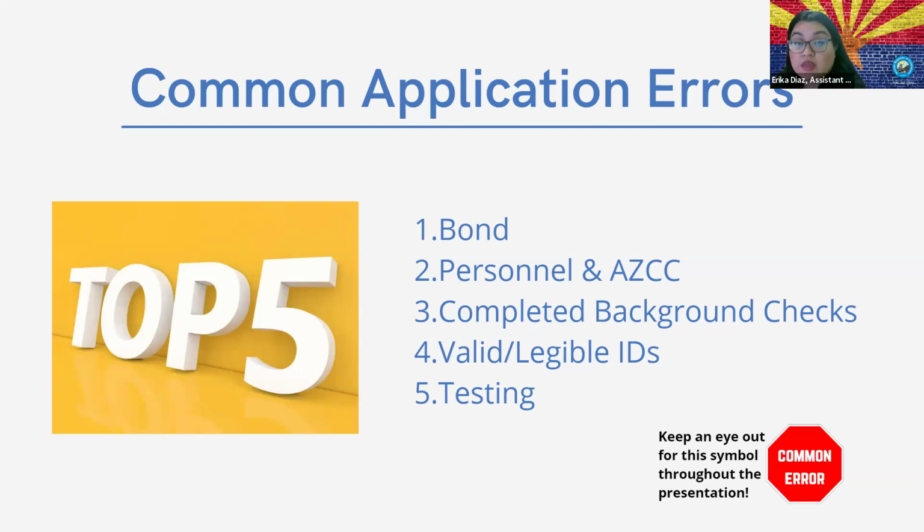So number 1 would be the bond that is required for a license. 2 would be personnel or Arizona Corporation Commission. 3 would be completed background checks for personnel. 4, valid and legible IDs. And 5 would be testing. We'll deep dive into each of these items along the presentation, but just keep a note when you see these items to pay close attention to it, just so we can ensure that we reduce the amount of deficiencies on these specific items.